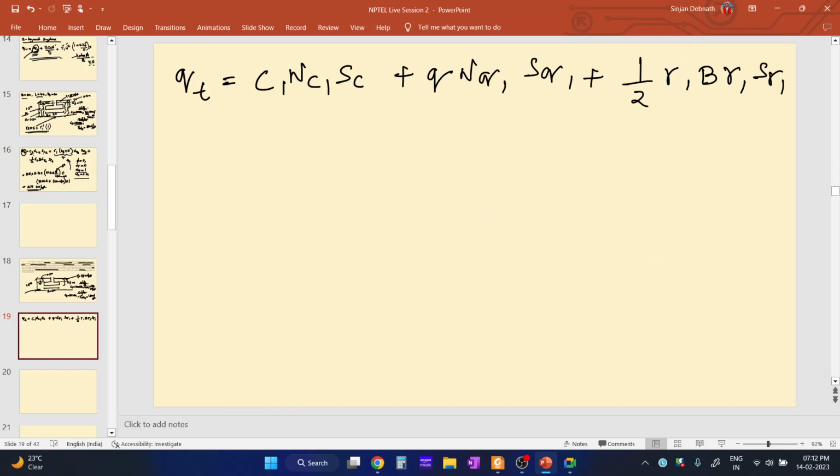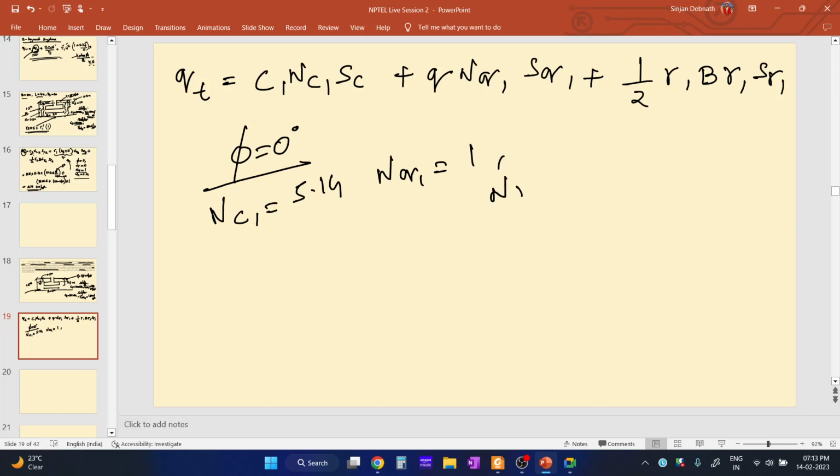Since this one is totally clay, a cohesive soil, there will be no phi. So phi is equal to 0 degree, NC1 will be equal to 5.14, NQ1 will be equal to 1 and N gamma will be equal to 0.